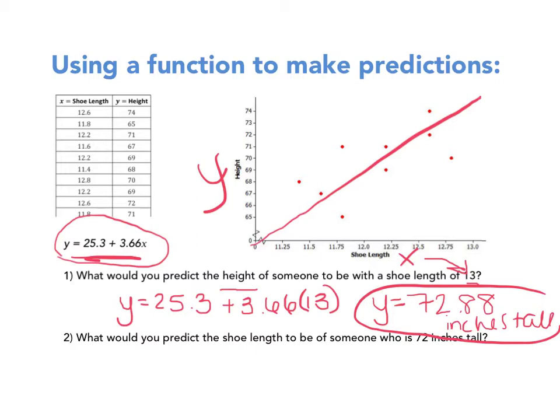Using a very similar process, when we need to find the shoe length, now we're being asked for the shoe length of someone who is 72 inches tall. We are now given our height, which is our y value. So I'm going to plug 72 in for y, and then we just keep rewriting the equation, and we're going to need to solve for x.